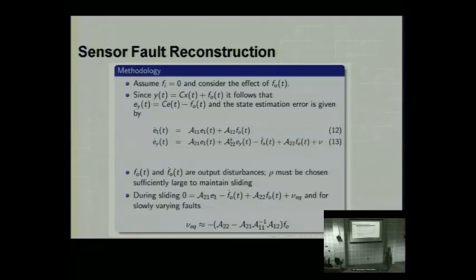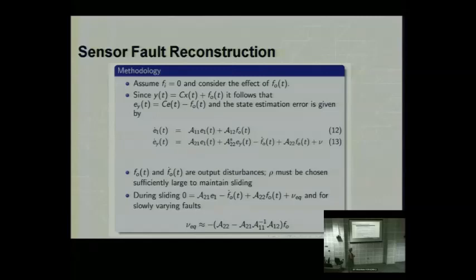So if we look here and start to think of what we might get from the equivalent injection, we can see that we can get a relationship, but it's involving both the actuator fault and the rate of change of the actuator fault. And what we do a lot of the time, depending on the fault, is we say that we consider slowly varying faults.